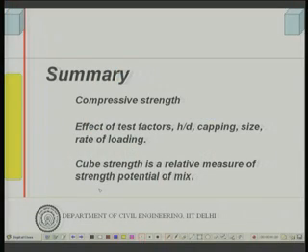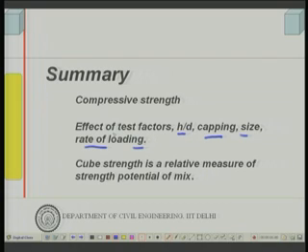So, we have seen that we can measure through cylinder as well as cube, although the Indian standard uses the 15 centimeter cube. And then we have also seen that various test factors, namely end capping, H by D ratio, size and rate of loading, moisture condition, all affect it.